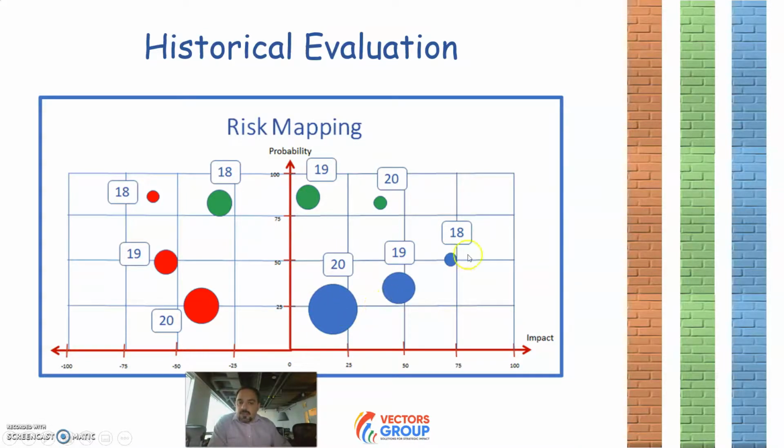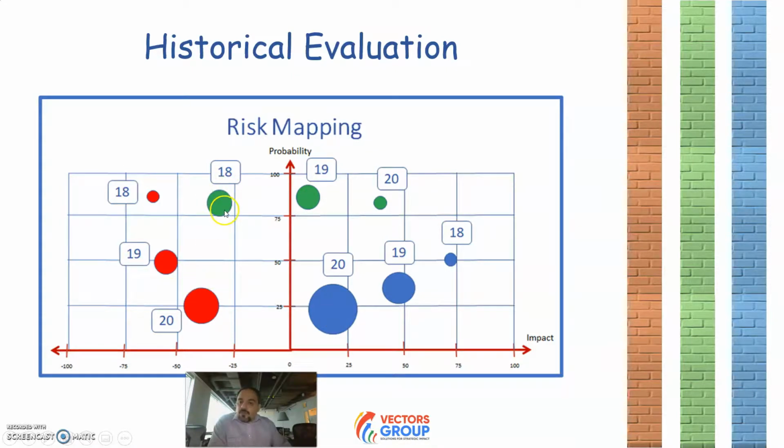And in 2018, it had a very high positive impact and moderate probability. In 2019, it came to that point, and in 2020, you have more control, but the impact and the probability decreased significantly.